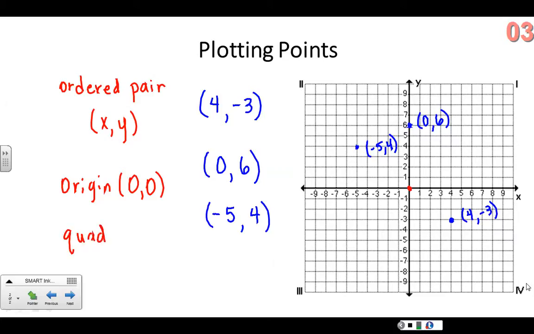Those of you who are going on to trigonometry and calculus courses will need to know the 4 quadrants very well. In quadrant 1, all your points will have positive x's and y's. In quadrant 2, you'll have negative x values but positive y values. In quadrant 3, you have both negative x and negative y values.